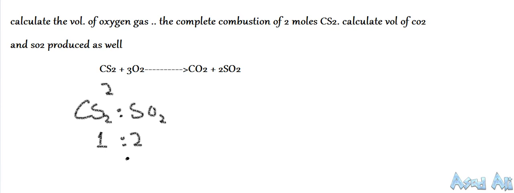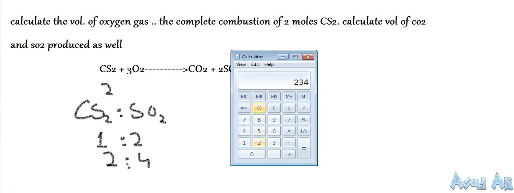So if I use 2 mole of CS2, 4 moles of SO2 will be produced. As we know that 1 mole of any gaseous molecule occupies 22.414 decimeter cube of volume. The 4 moles will occupy 22.414 multiplied by 4.